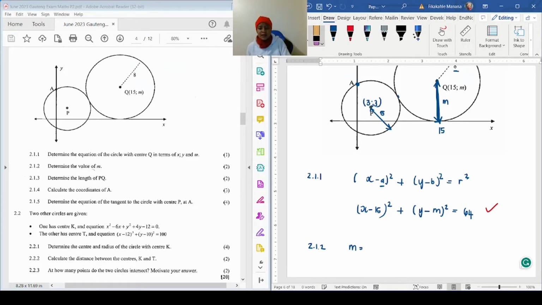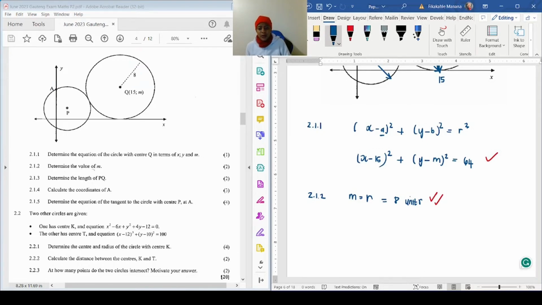So m is the distance from the center to the circumference, which is r. m is equal to r, and r is equal to 8 units. I don't know how else to expand it. It is what it is. I guess you get 2 marks.